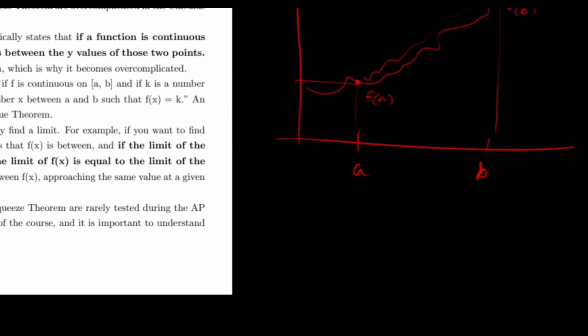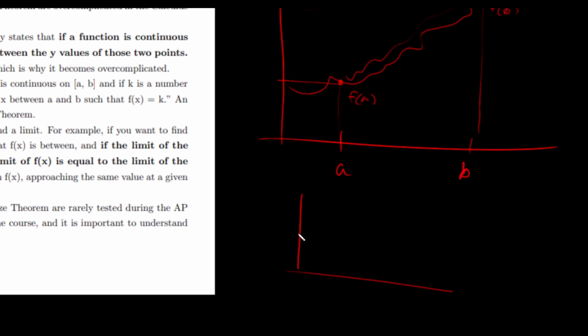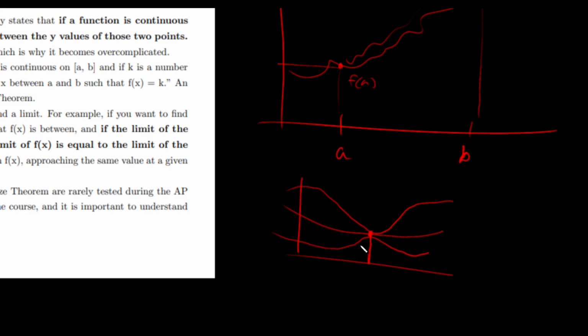So say I have this function for f of x, and I'm trying to find this limit, right? So what I'm going to do is find a function that's over this, and find a function that's under this, and I'm going to find the limit of this top graph at point C.